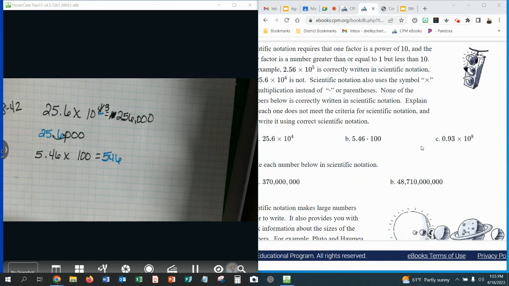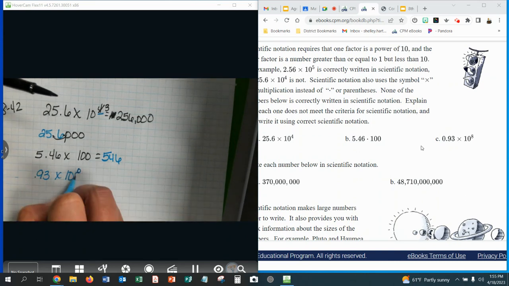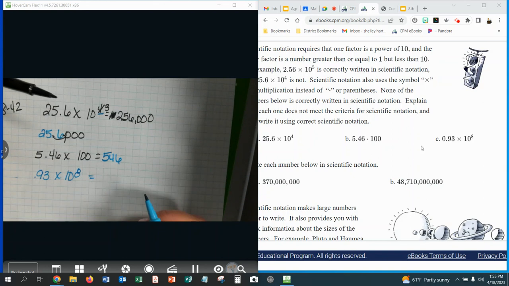Okay, now we have 0.93 times 10 to the 8th. What is it? Do you know?